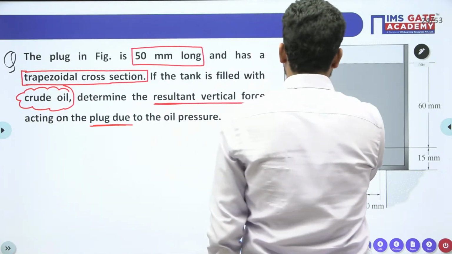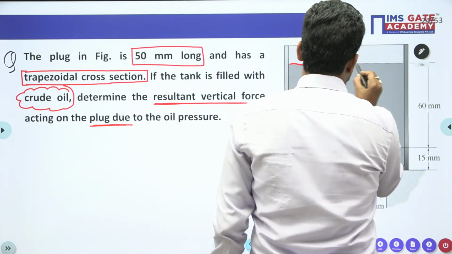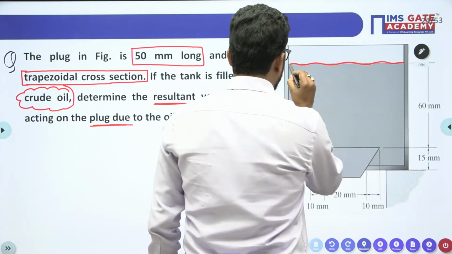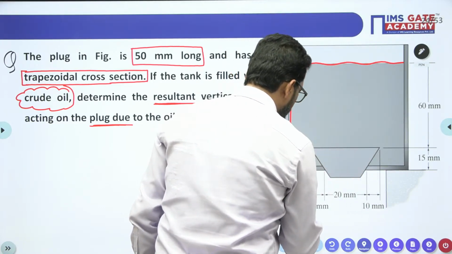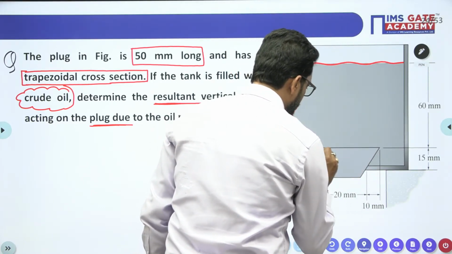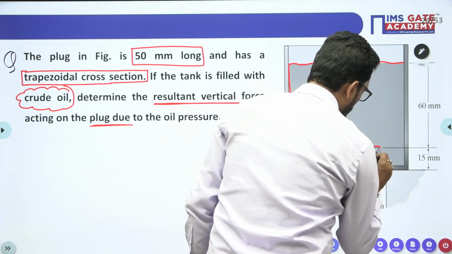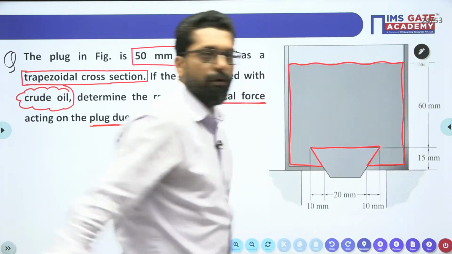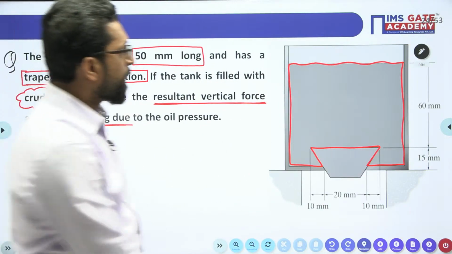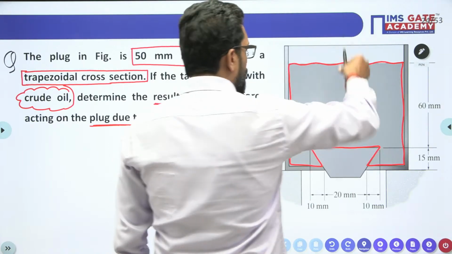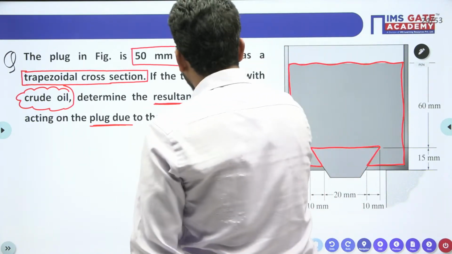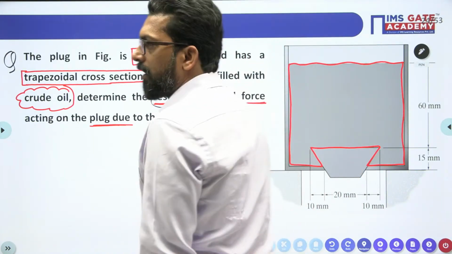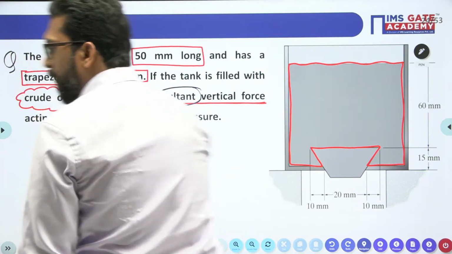That means this is your oil. Due to the presence of this oil, what is the resultant vertical force?